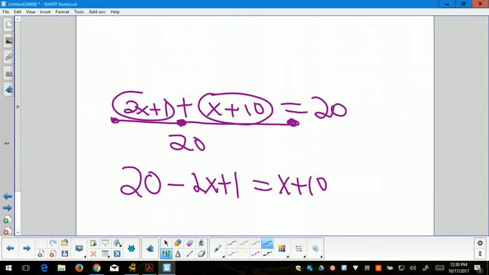What did they actually subtract from the 20? What's being subtracted from the 20? The 2x. Did they subtract the entire segment of 2x plus 1?